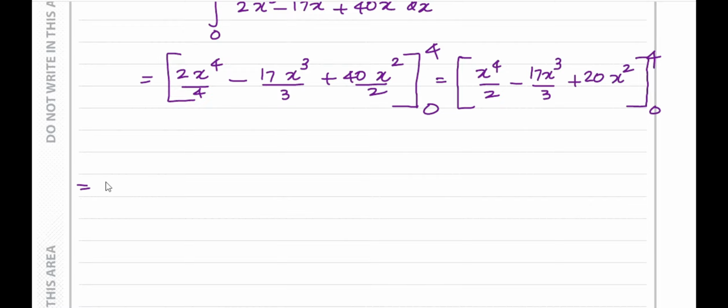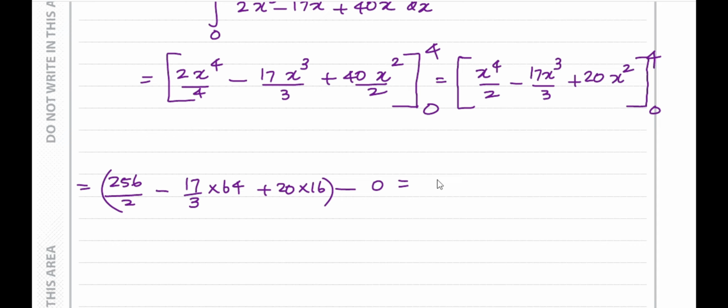Evaluating this, we get 256 over 2 minus 17 over 3 times 64 plus 20 times 16 minus 0. Okay, putting that into the calculator, we get 256 over 3, which is as per the question.